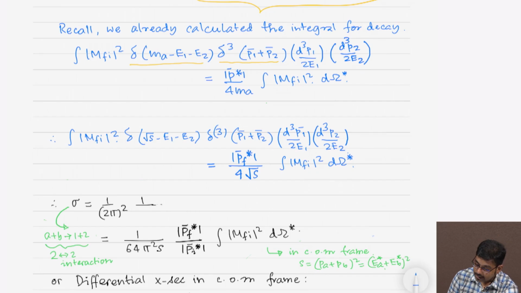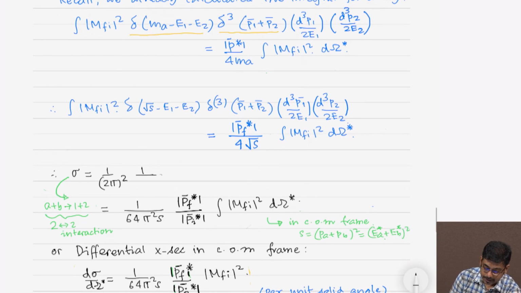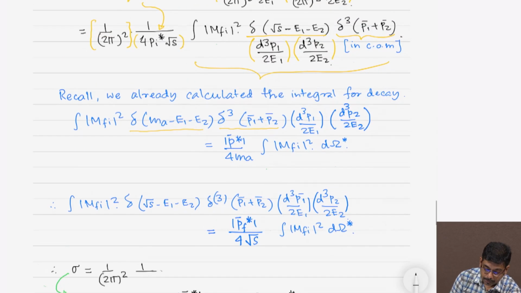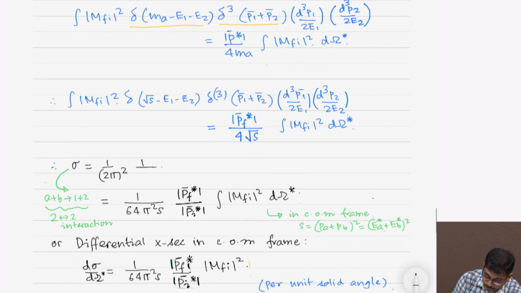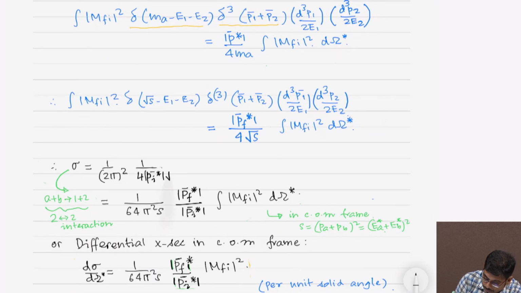That is it. So, with this, we can write the final form of the sigma that we actually obtained. This is 1 by (2π)², then the flux factor 1 by 4 ... |p_i*|, let us put a mod here, into square root of s, and then this factor |p_f*| by 4 square root of s, integral of |M_fi|² dΩ*.